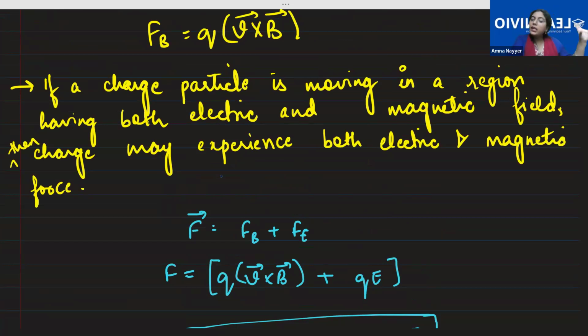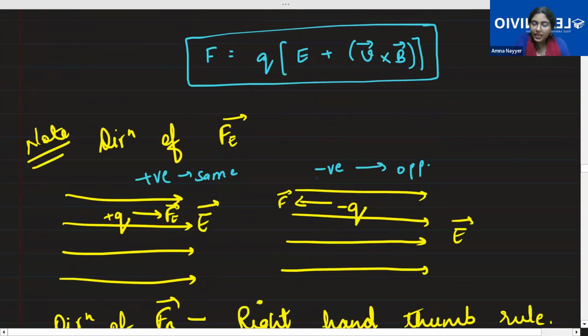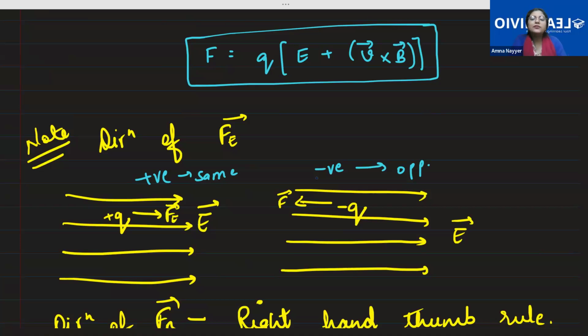See, earlier we isolated the electric field, so we got Fe, that was Q into E. And then we took the magnetic field, that was Q V cross B. Now what we're going to do, we are going to combine both of these. For the electric field, the direction for a positive charge will be exactly in the same direction as that of the electric field. And for the negative charge, you reverse. This we have done in detail in electrostatics, when we discussed the electric field intensity.